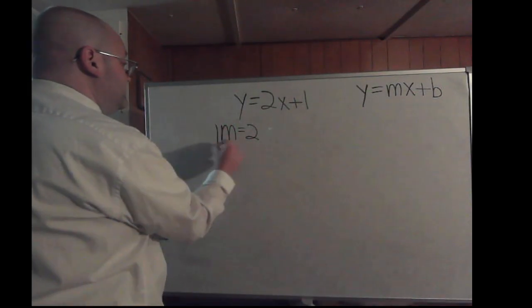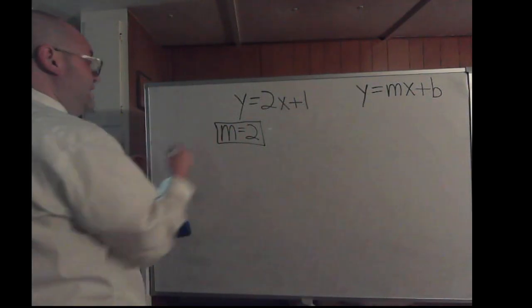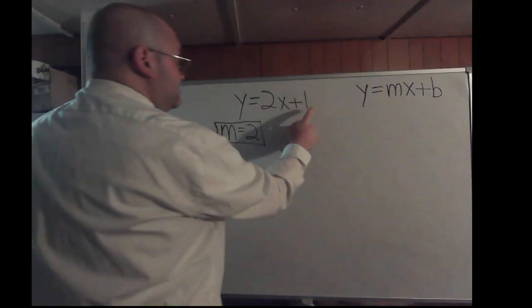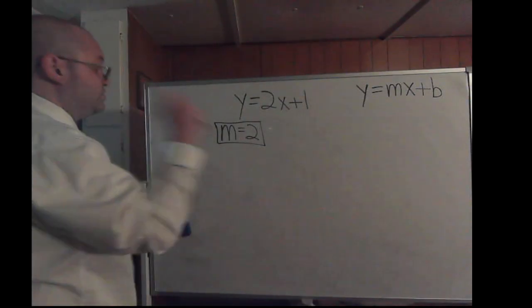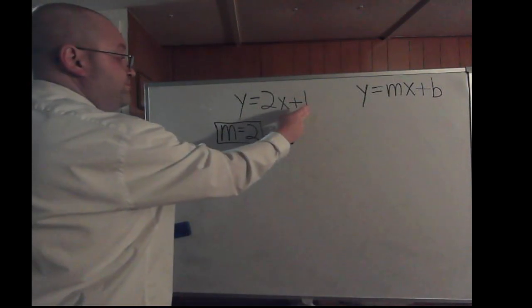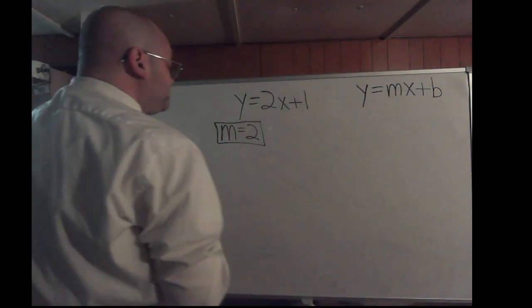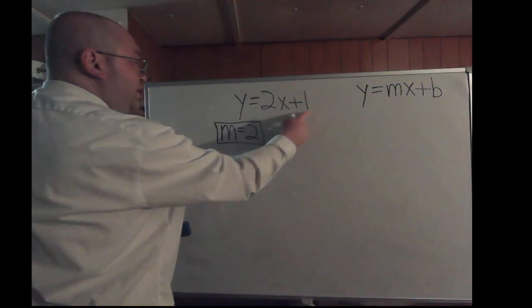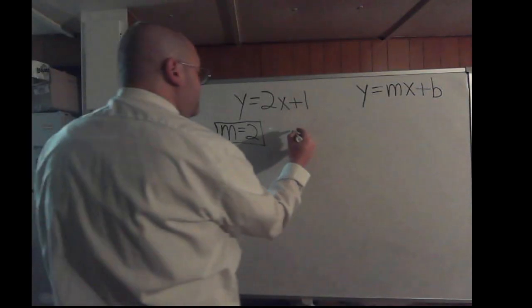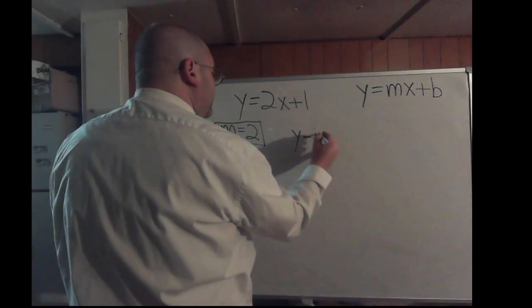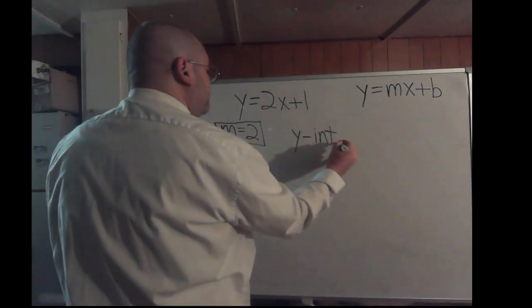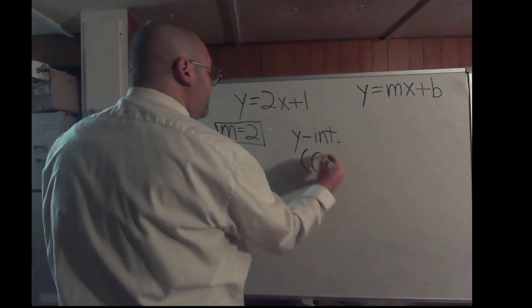Your slope would be 2. Now your b, that's your b term, which is 1, that constant is 1. So that means that 1 is your y-intercept. So your y-intercept is going to be at the point 0, 1.